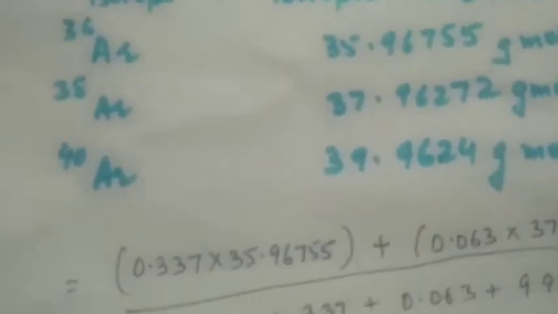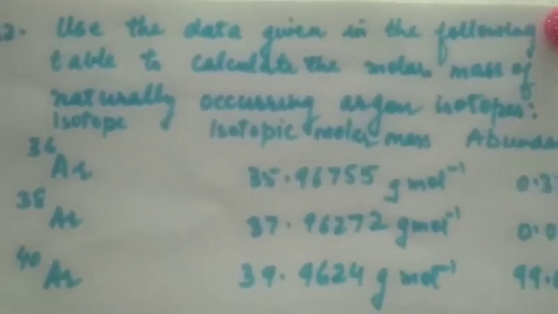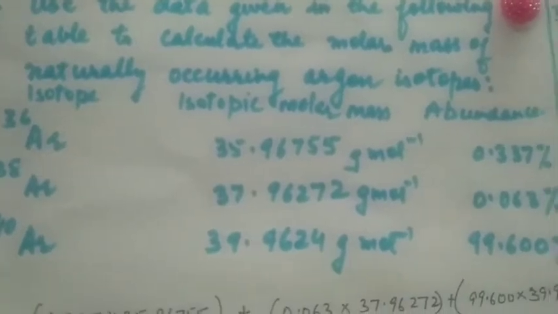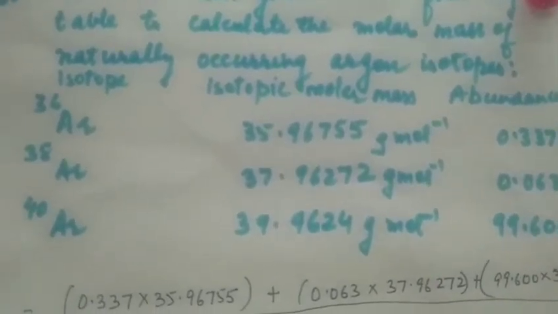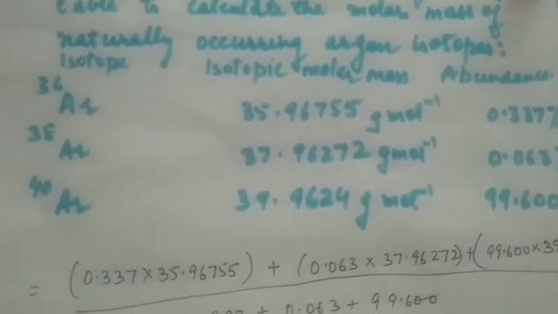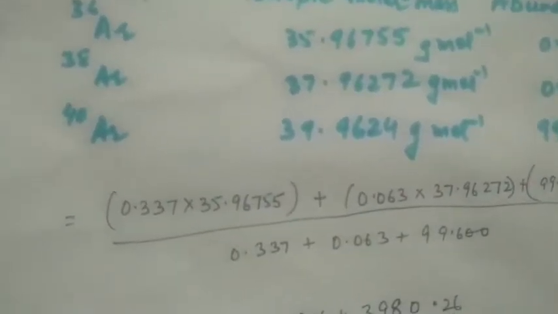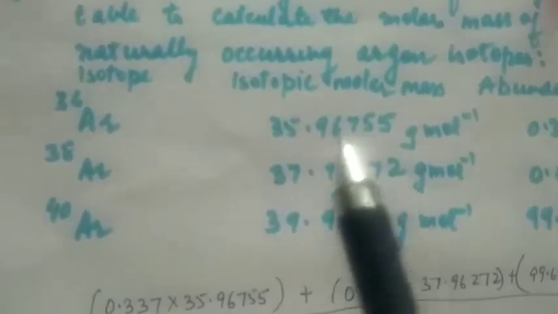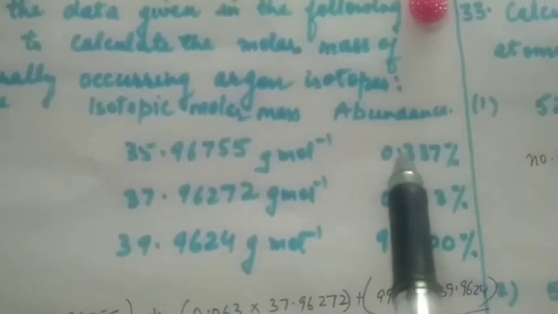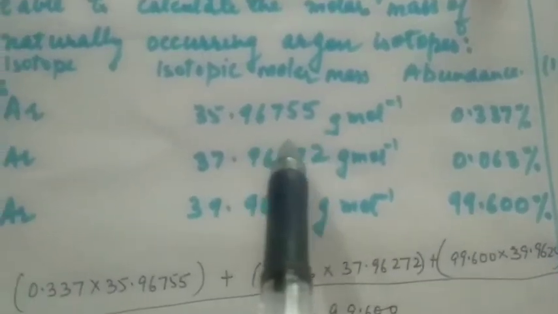Next is use the data given in the following table to calculate the molar mass of naturally occurring argon isotopes. So to find out, you multiply the total mass with the total number of atoms. So mass of this isotope will be its abundance multiplied by its mass.